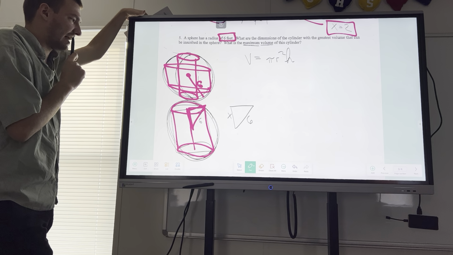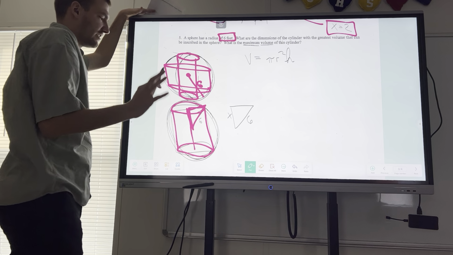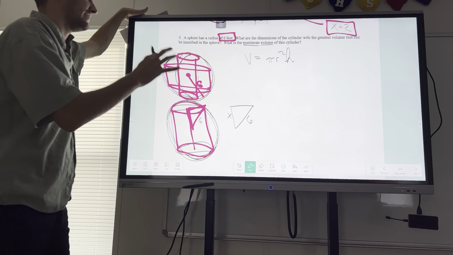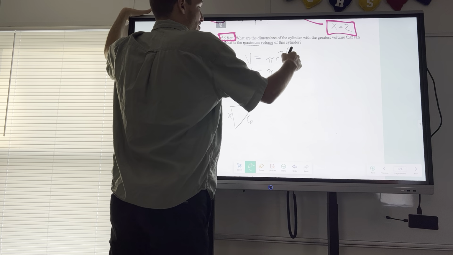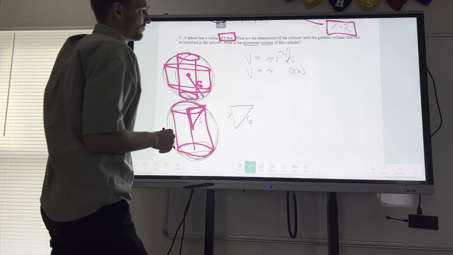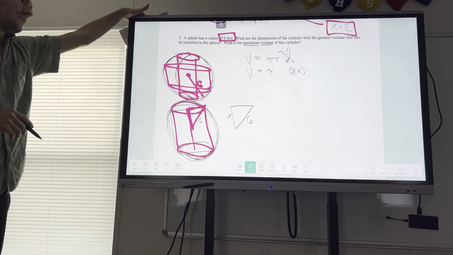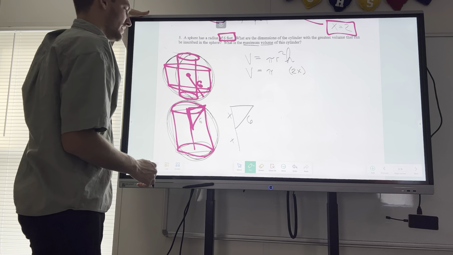Let's say that X is this. Okay, let's just leave it how it is. First of all, that allows us to say that our H is 2X. Right, our H would be another one of these, 2X.